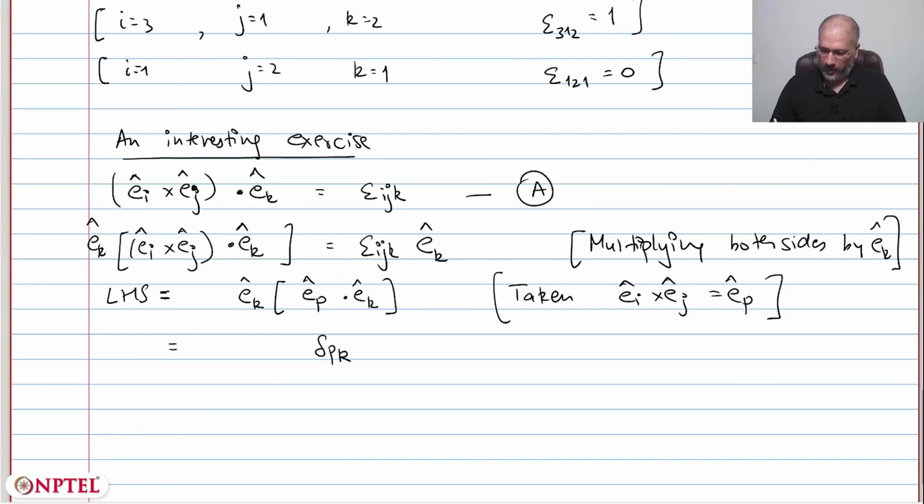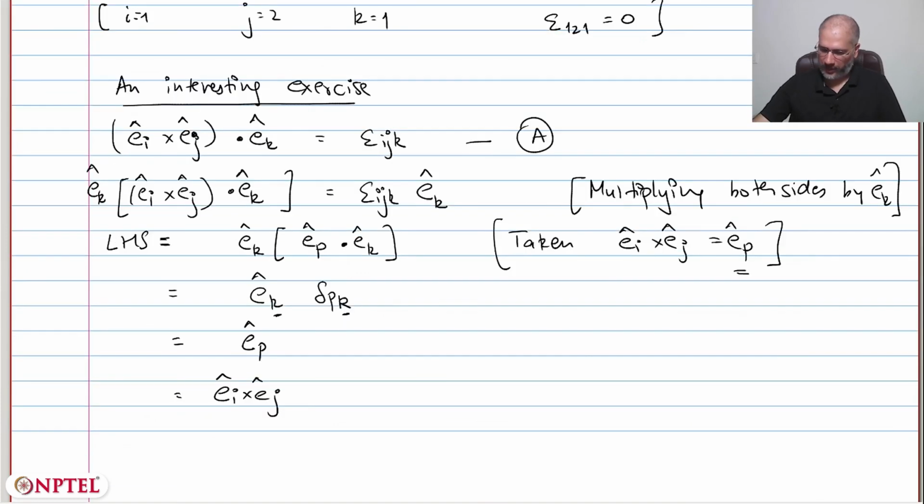The dot product between two unit vectors is defined as delta_pk, as we saw last week. Now we can apply the delta substitution property. We get rid of this k, so this becomes e_p. What is e_p? e_p was e_i cross e_j, so this is e_i cross e_j. So I have obtained the left hand side.